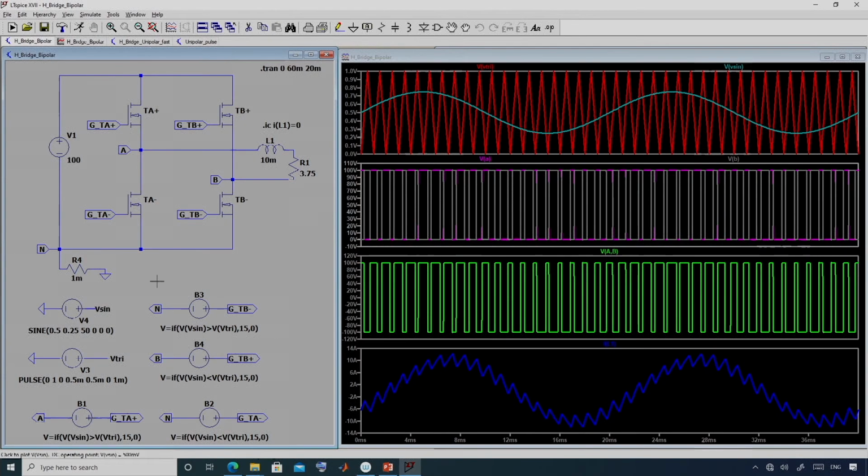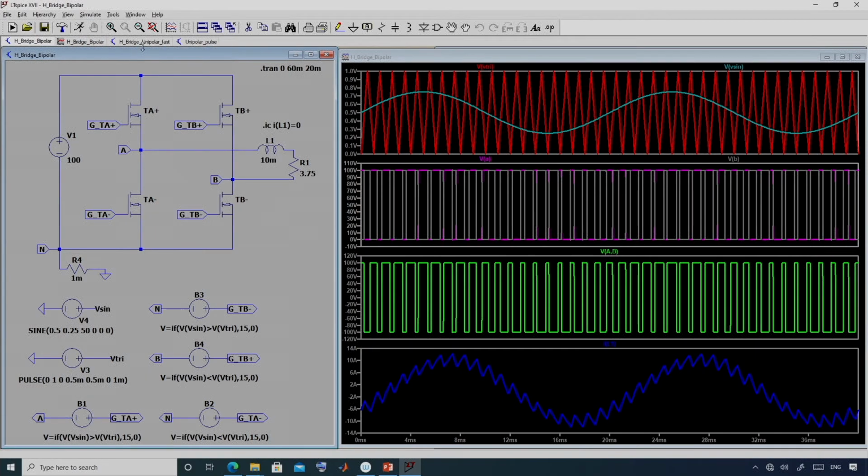Now you can change the modulation reference depending on how much output you need, and you can also change the switching frequency, the load and the source voltage, and you can play around with the simulations and observe different things.